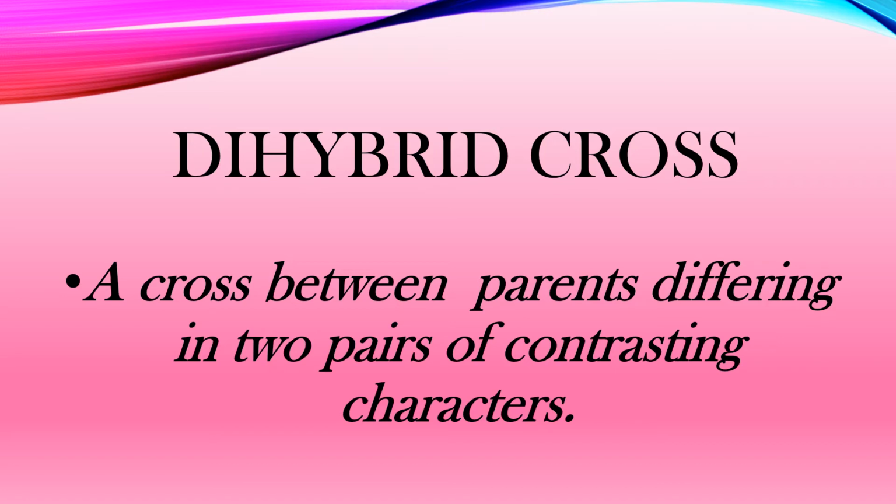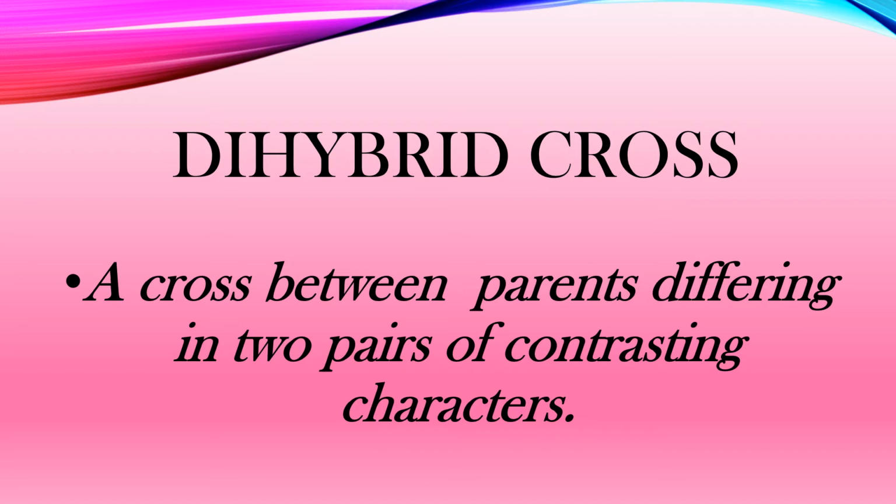Such a cross is a dihybrid cross, means a cross between parents differing in two pairs of contrasting characters. Contrasting characters means, for the color of the seed, we have the contrasting forms yellow and green. These are the two contrasting forms. And if we take the shape of the seed, round and wrinkled are the two contrasting forms. So we will take this.